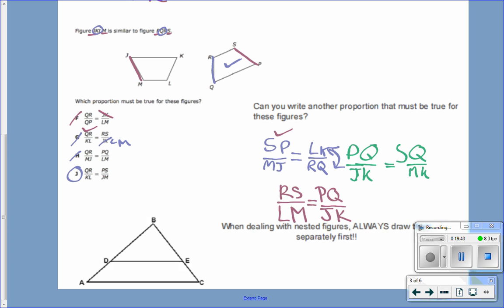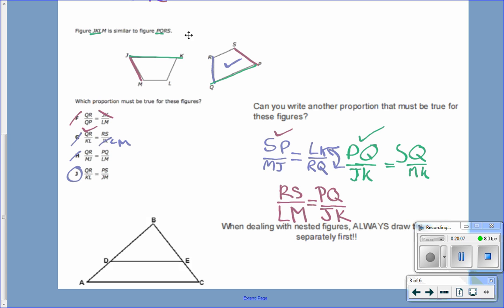Okay, let's look at the green proportion. So we have PQ corresponds to JK. P, Q, J, K. That's good, right?